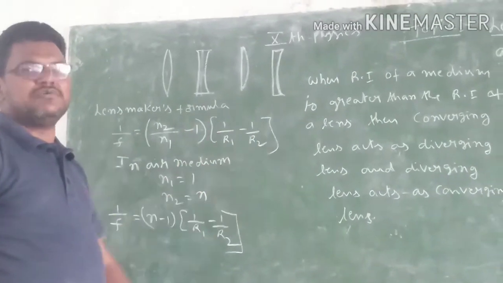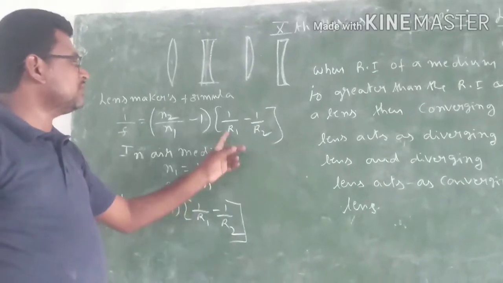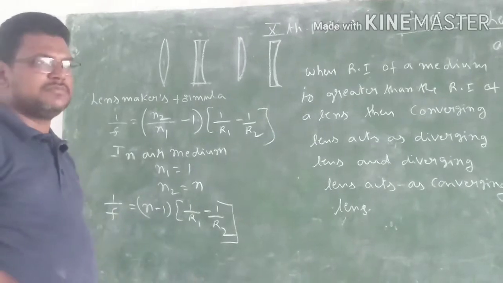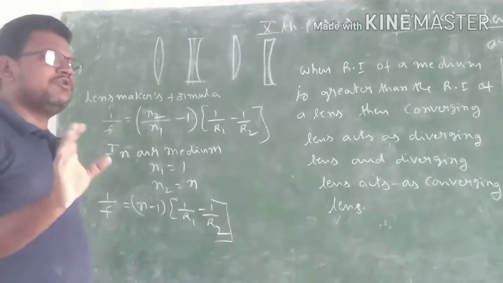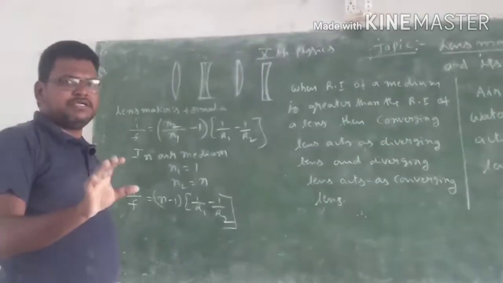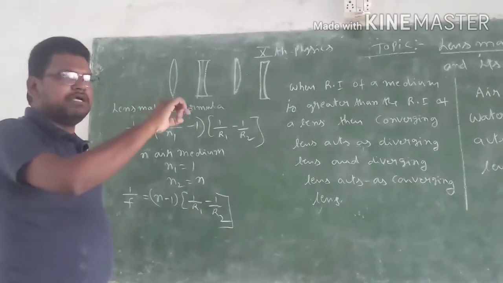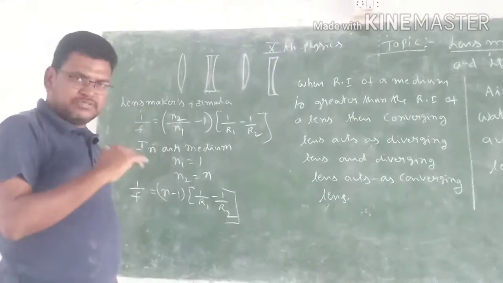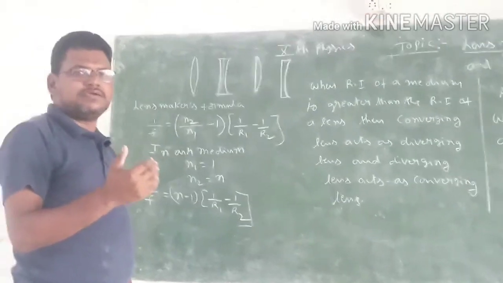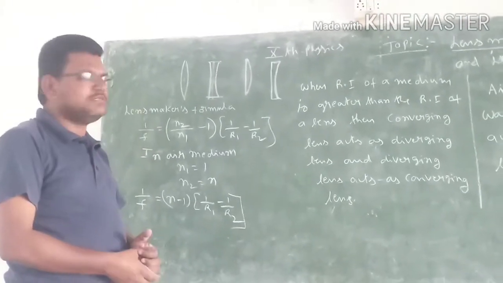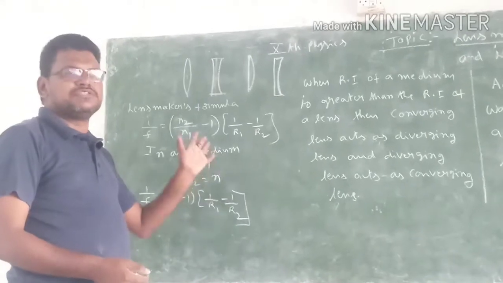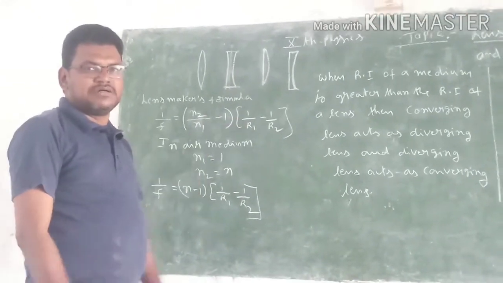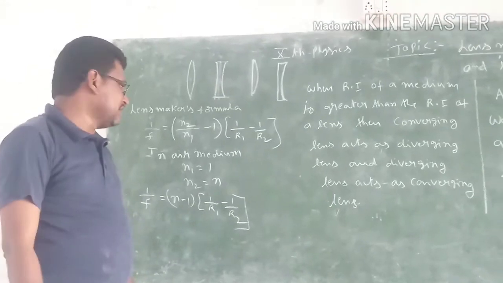For a concave lens, substitute r1 as negative and r2 as positive. In the question, they don't give negative values. Commonly they give r1 is something, r2 is something. But by following the sign convention, we have to substitute which one is positive and which one is negative in this formula. Then we can get the answer.